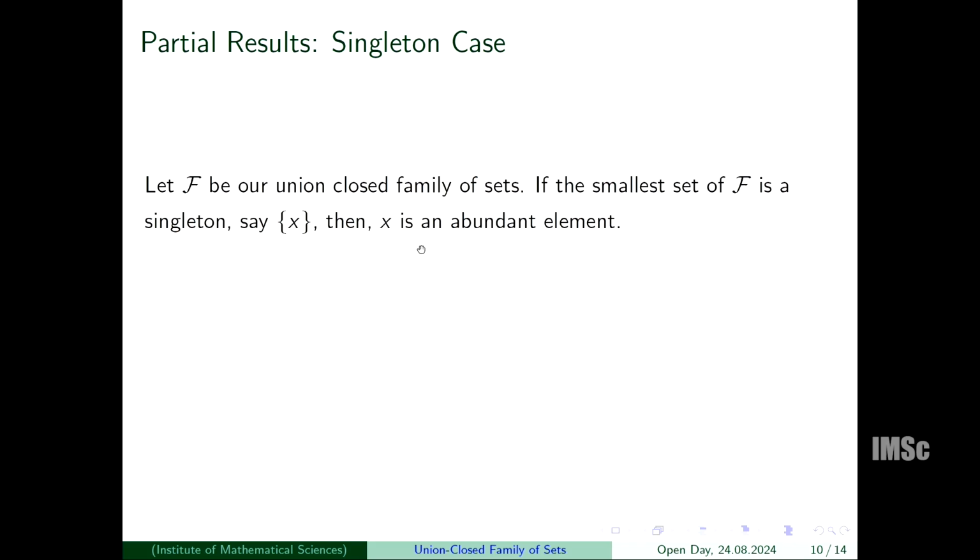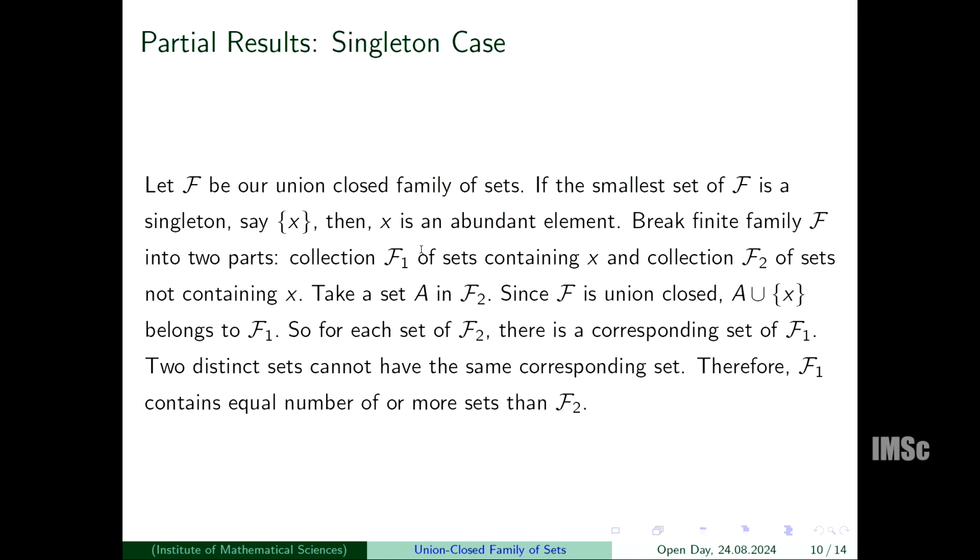Okay, so another partial result is that if F is our union closed family of sets and the smallest set of F is a singleton, then X has to be an abundant element. That means that X has to occur in at least half of the sets. So how do you go about proving something like this? You break your family into two subfamilies, two smaller families of sets.